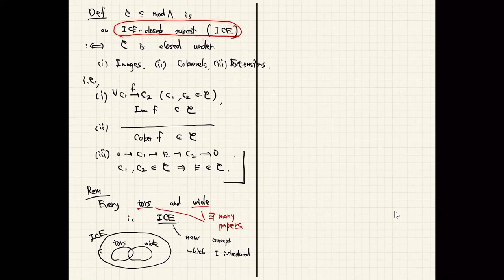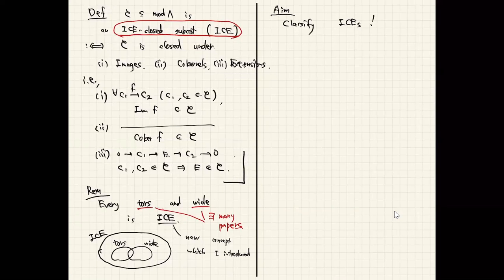So how many ICE-closed subcategories does mod Lambda have? It's a very natural question. And today's aim is to achieve this. So I want to classify ICE-closed subcategories of a given module category.